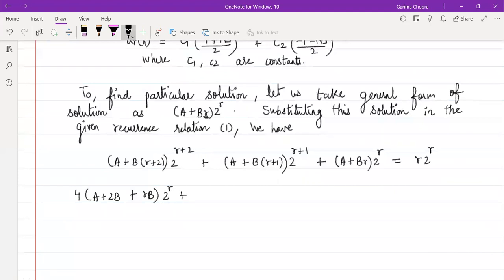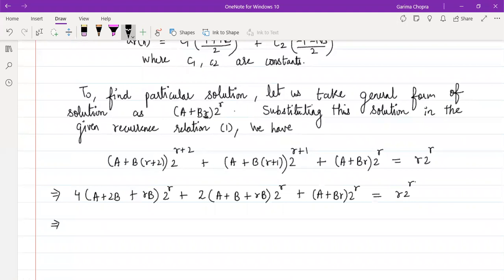Similarly here, this 2 raised to power r plus 1 can be written as 2, then we have a plus b plus rb, and then we have 2 raised to power r. And here we have a plus br times 2 raised to power r, and this is equal to, on the right hand side, r times 2 raised to power r.